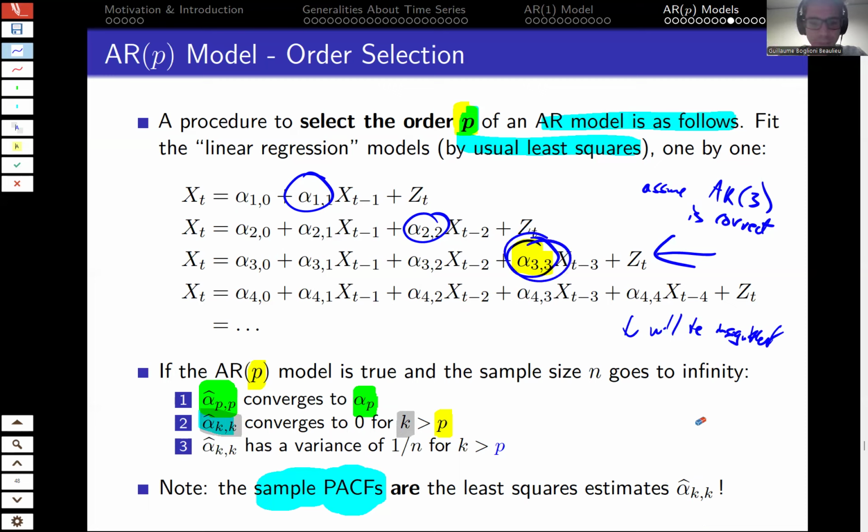So the sample partial autocorrelation, which you might call phi hat k per lag k, is the same thing as the least squares estimate alpha hat kk.